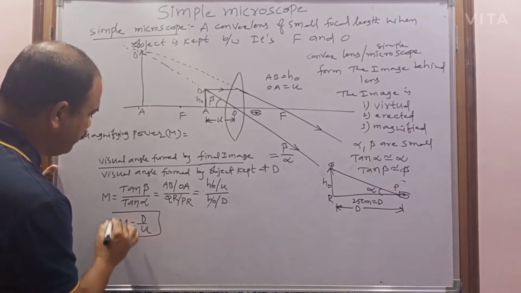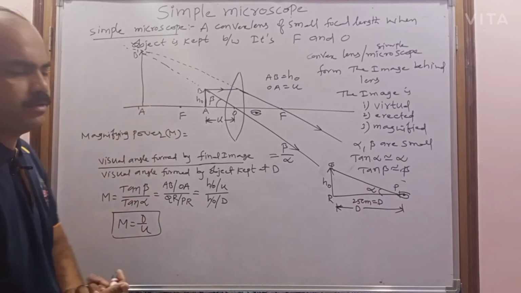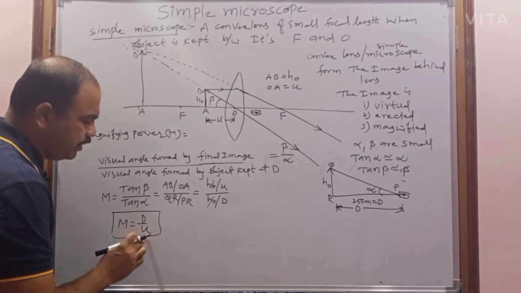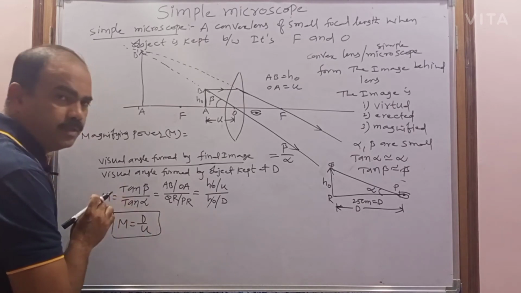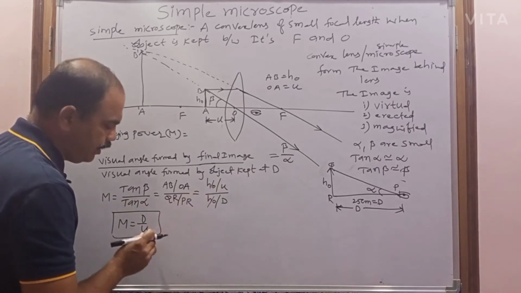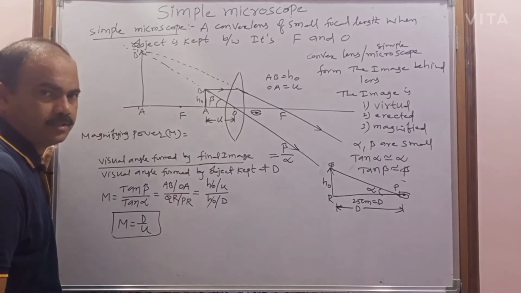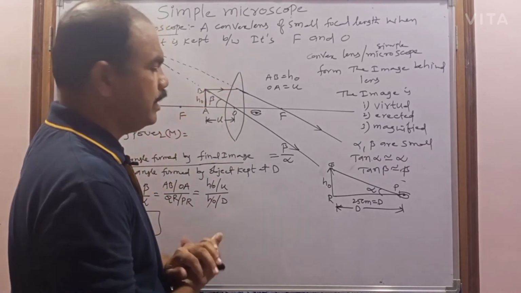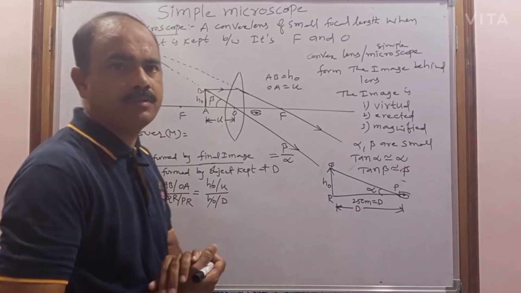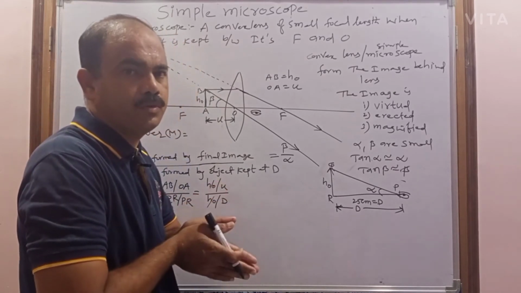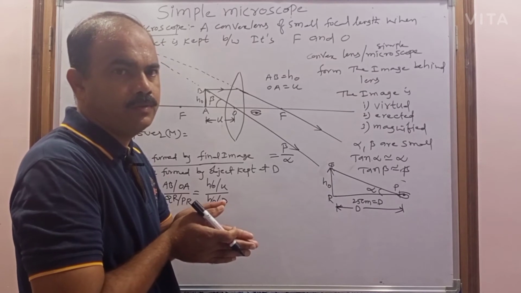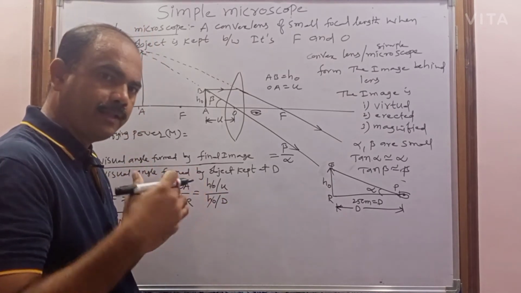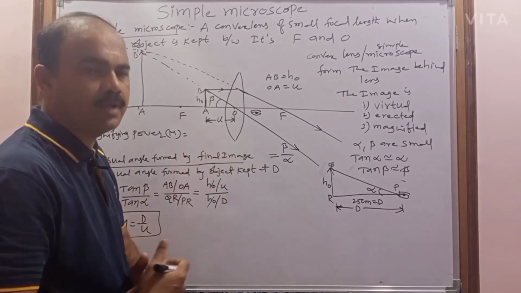So this is about the magnifying power of the simple microscope. The magnifying power of the simple microscope is nothing but D by U. D is nothing but the near point distance, or 25 centimeter. U is nothing but the object distance. But what is the importance of the optical instrument? The optical instruments can be used to form the image clearly and to change the visual angle.